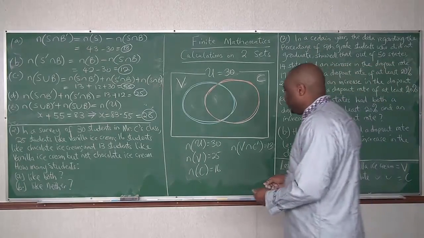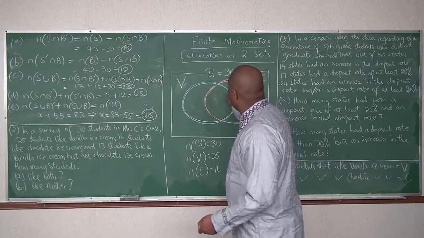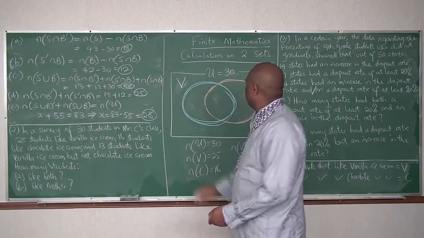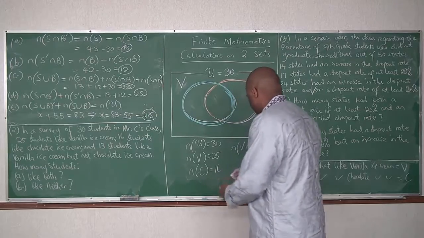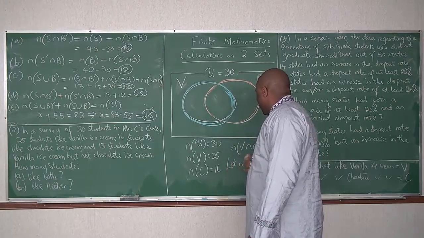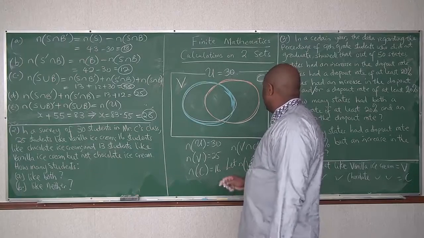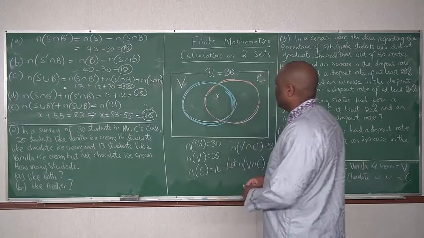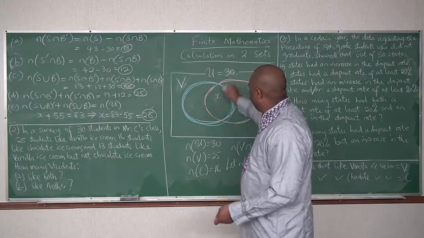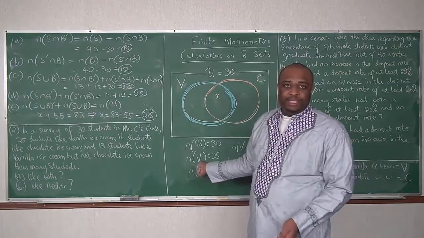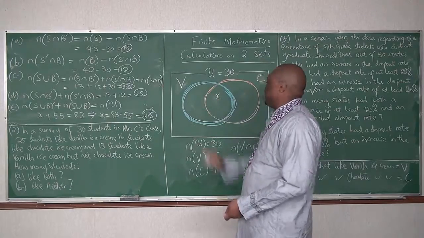Look now. This entire vanilla is 25, right? And they want us to find both. So let the cardinality of vanilla and chocolate be X. Now, this entire vanilla is 25, but only vanilla is 13.